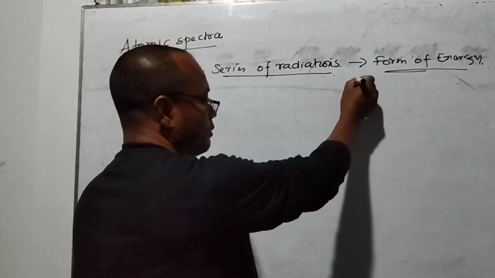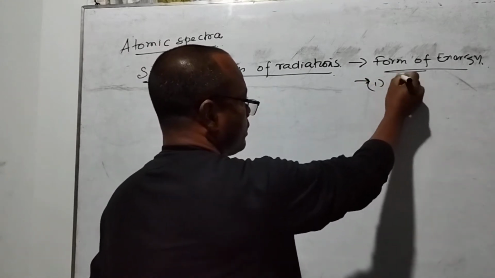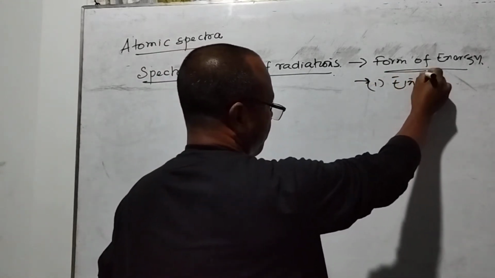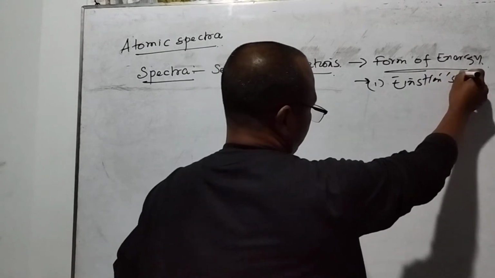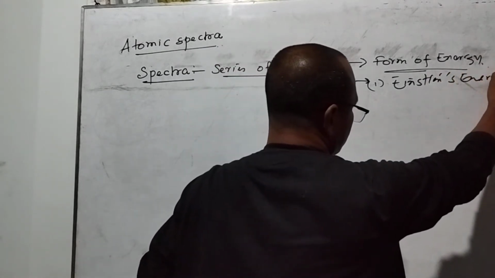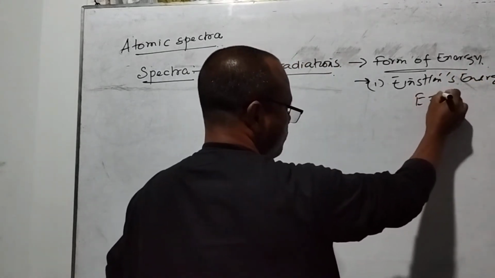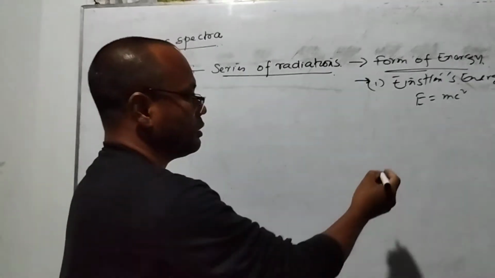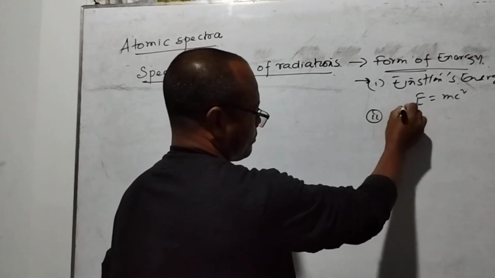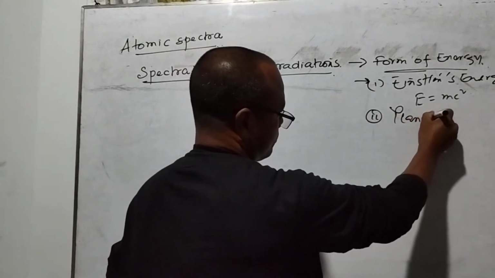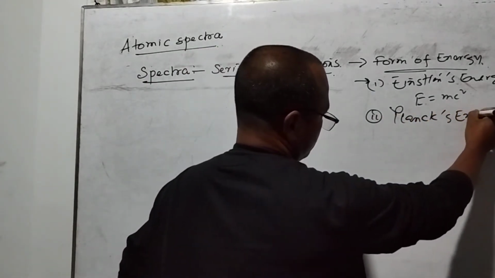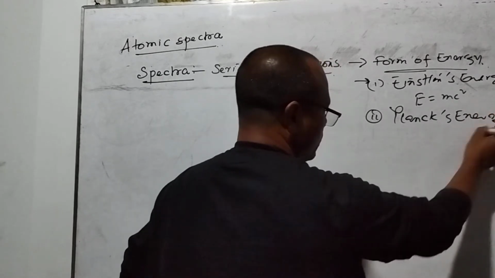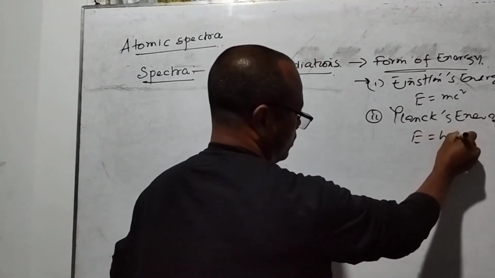So of the different forms of energy, one is the Einstein energy, that is E is equal to mc square, right? The second one is the Planck energy, that is E is equal to h nu, right?